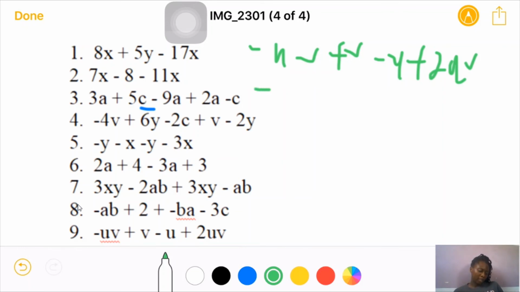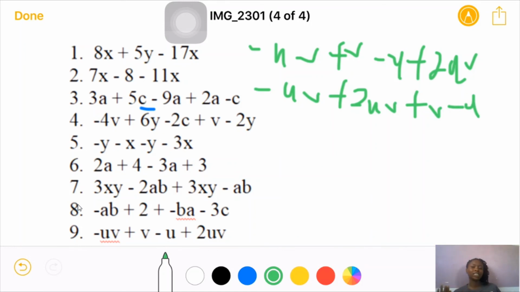So we have minus UV plus 2UV, and we have plus V standing alone, and we have minus U standing alone. We do nothing to those two.